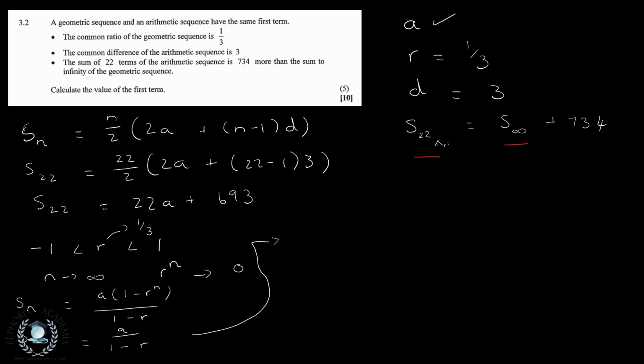Our sum to infinity is equal to our first term a, which is what we're trying to find, over 1 minus our r value of 1 over 3, and if you do some mathematics, you're going to find that we have a result of 3a over 2. Okay, so now we have the sum to infinity, we have the sum of the first 22 terms, so we're just going to substitute what we have and see what we end up with.